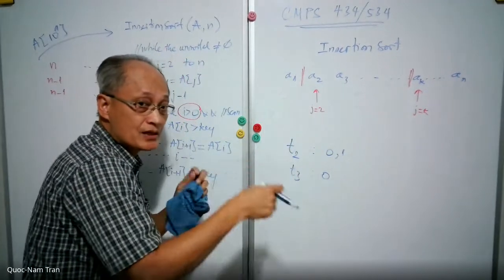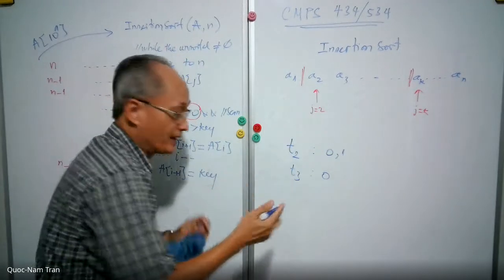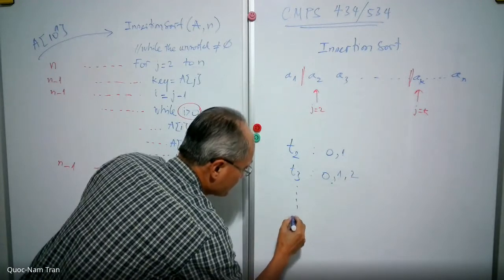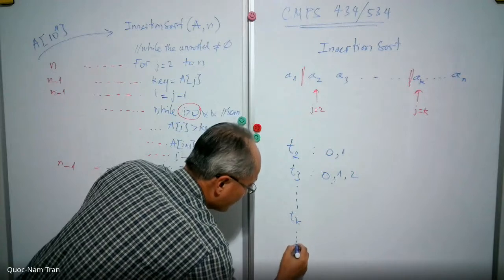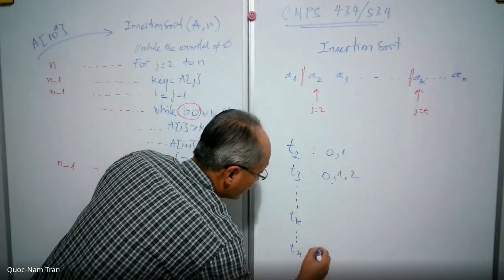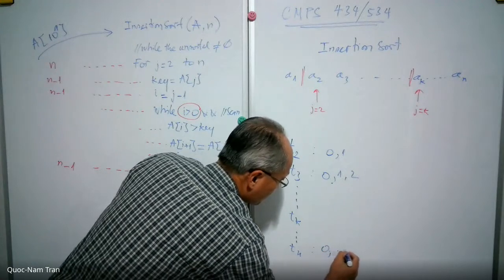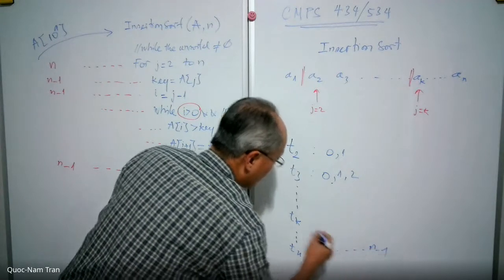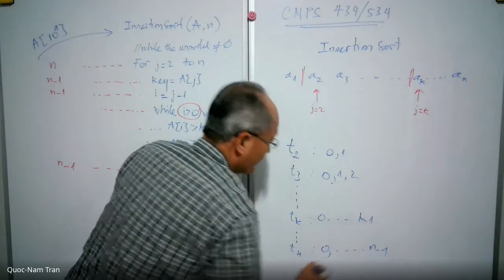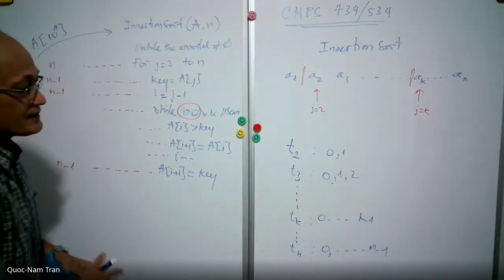It can be 0, 1, or 2, right? Similarly, for Tk, and then for Tn, it can be 0 up to n minus 1, okay? So that's it.